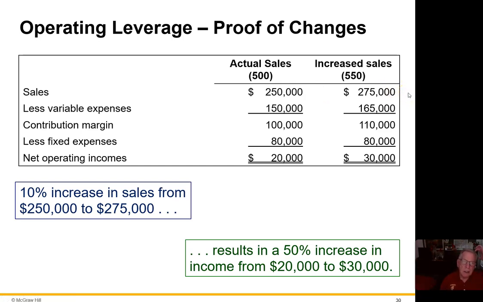That's 50 units. And so we ripple that through, and our operating income increased by 50% to $30,000. So a 10% increase in sales from $250,000 to $275,000 results in a 50% increase in net operating income from $20,000 to $30,000.